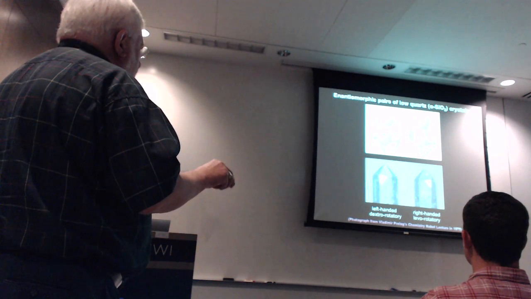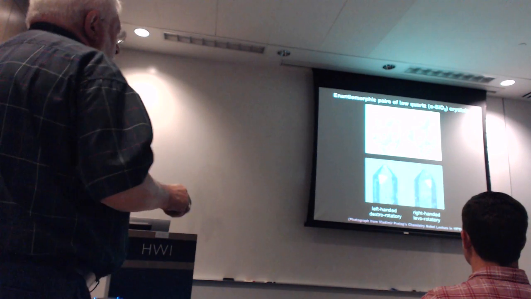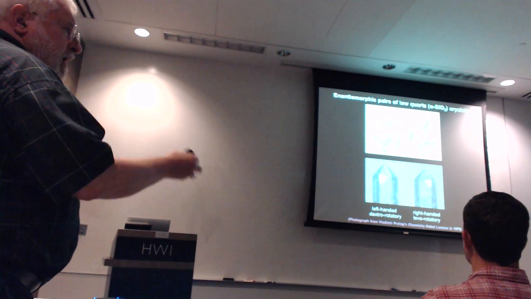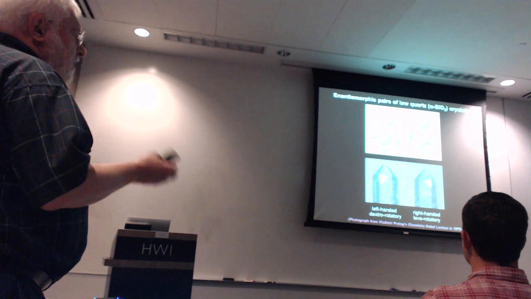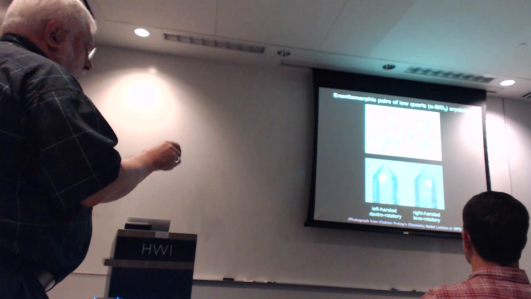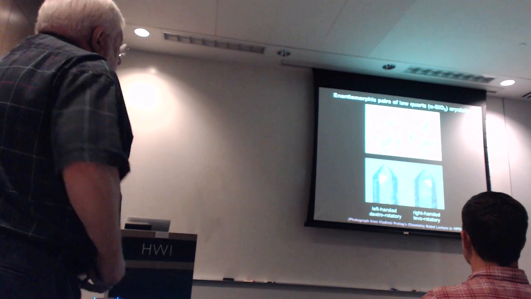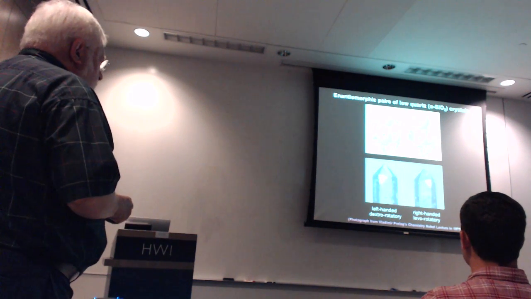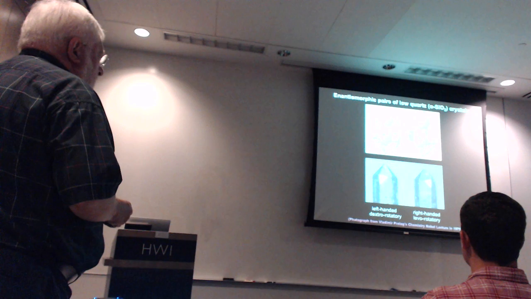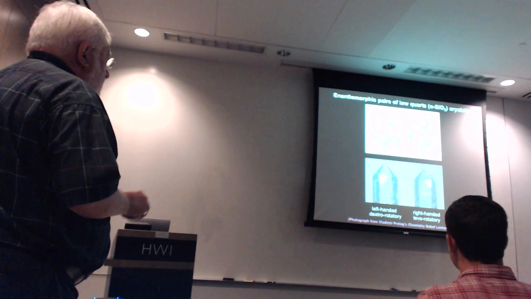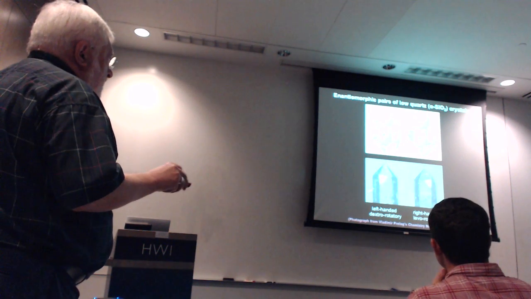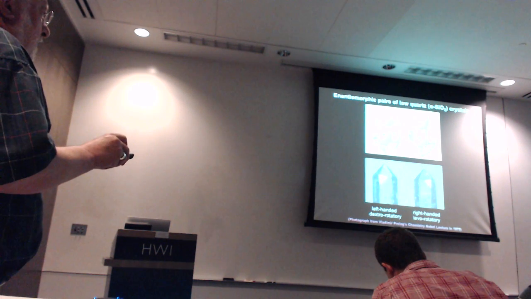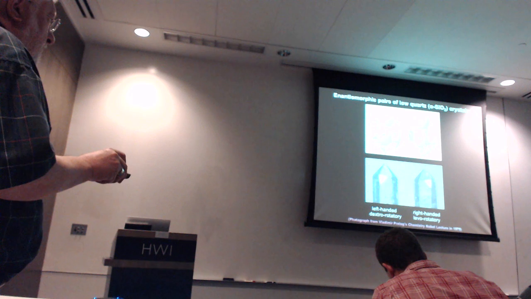So Vladimir Bragg is the guy responsible for all the R and S designation of enantiomorphic crystals, and for his work in stereoisomerism he got the Nobel Prize in chemistry in 1975. I was going to say mid-70s, in 1975. And this is an illustration from his lecture of left-handed and right-handed quartz crystals.